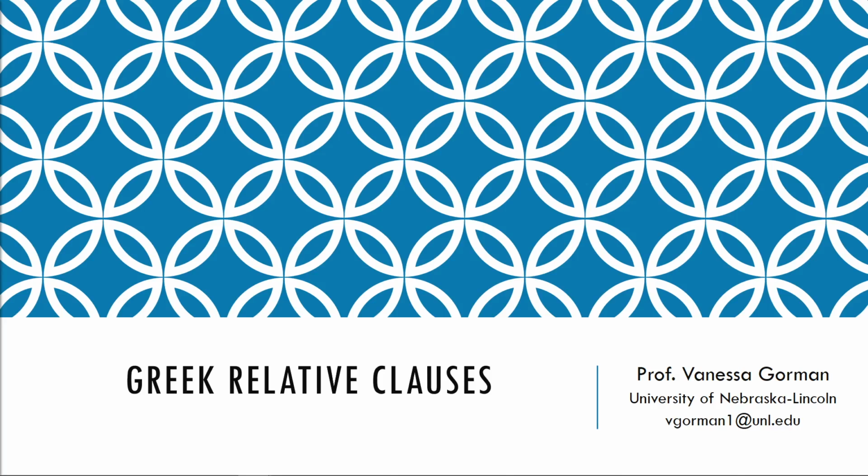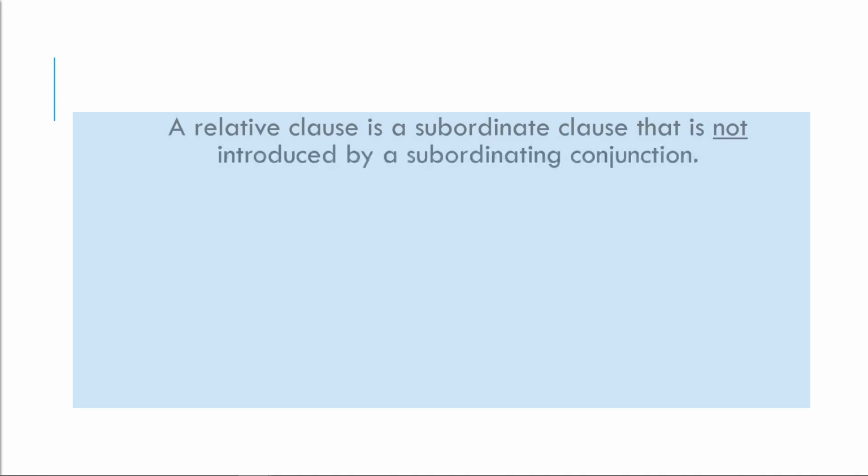Today we're going to talk about Greek relative clauses, another kind of subordinate clause that usually takes the indicative. However, it functions differently from other subordinate clauses, and so I want to treat it as a separate category. It's different in that it is not introduced by a subordinating conjunction. There is no "so that" or "in order that" or something like that.